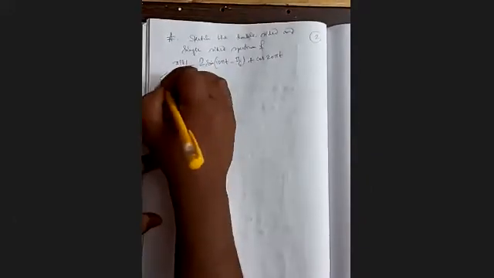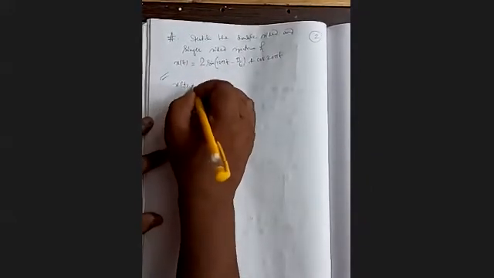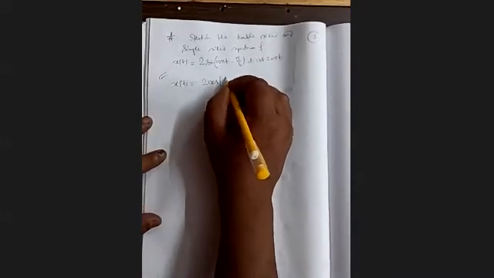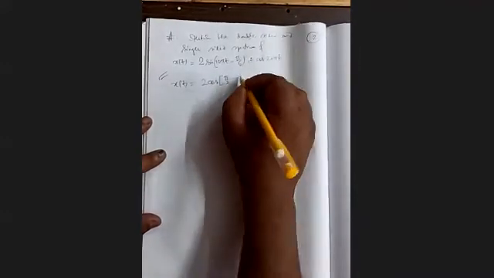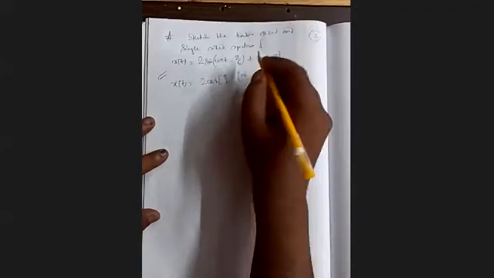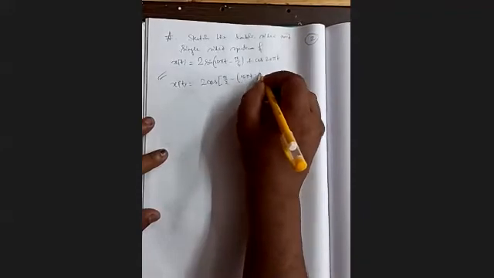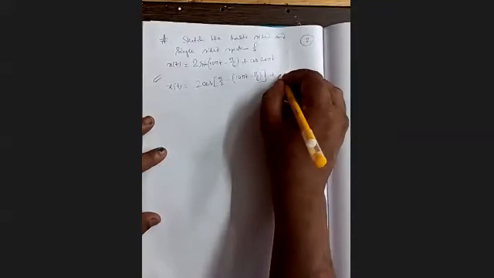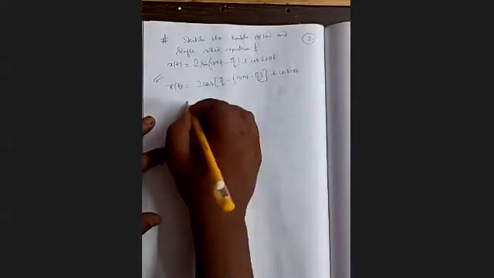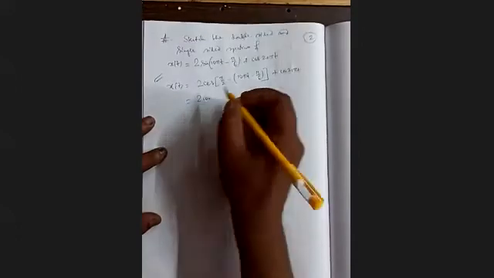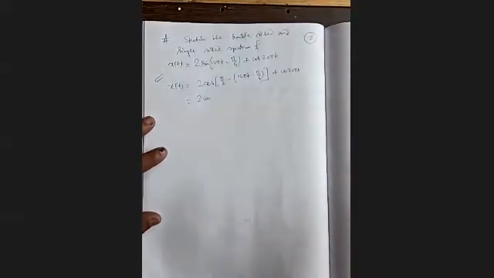So how to do that? x(t) equal to 2, from sine we get cos. Cos of pi by 2 minus theta is sine theta. And cos 20 pi t. So everything is in cos. Now we know one more thing, that cos of minus theta equals cos theta.